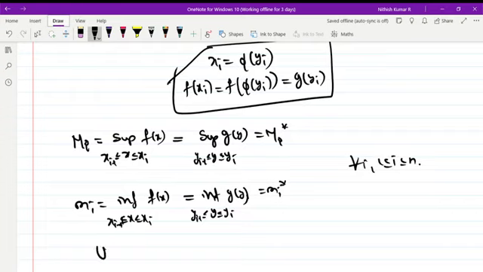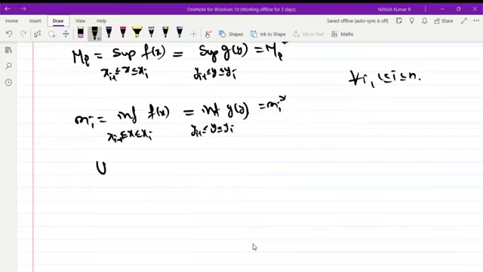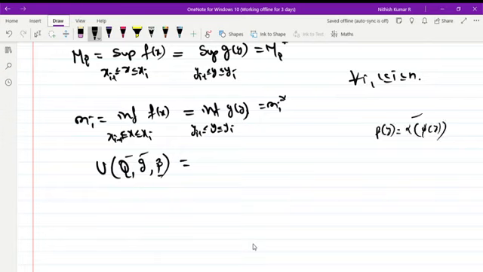Now consider U of Q, g, beta, that is, we are finding the sum of areas of rectangles under the curve g with respect to the partition Q and with respect to the Riemann-Stieltjes integral, and beta is a monotonically increasing function, because beta of y is nothing but alpha of phi of y.